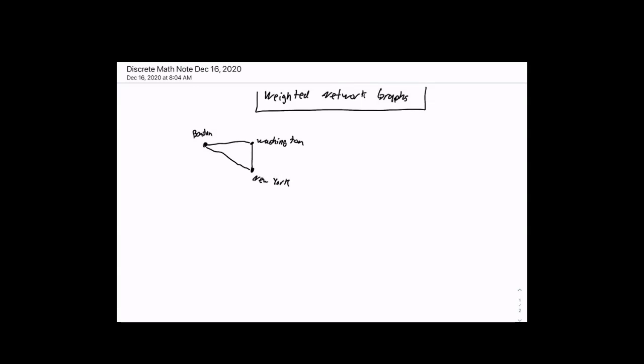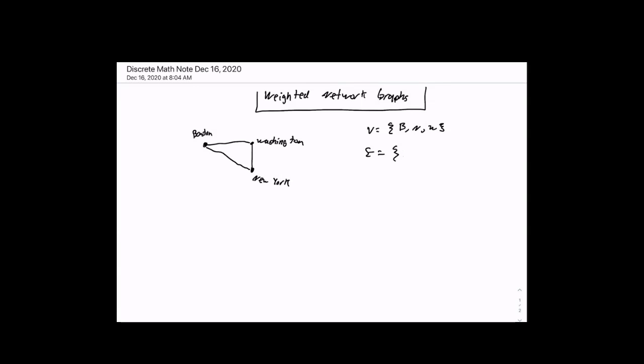Now, these nodes right now are these vertices. We have B, N, and W. So our vertices here we can say are B, N, and W, with our edges, of course, being, and this one being undirected.